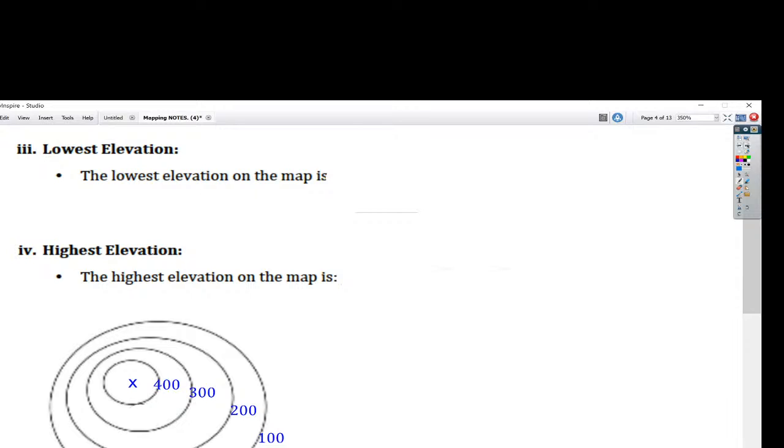So lowest elevation. The lowest elevation on the map is 1 more than the next lowest contour line.